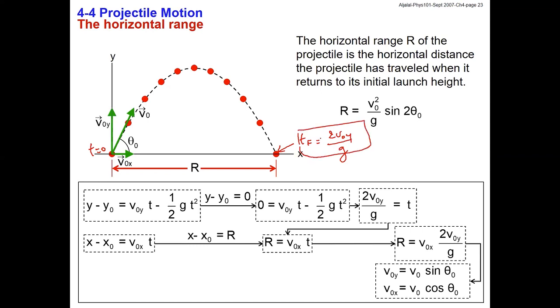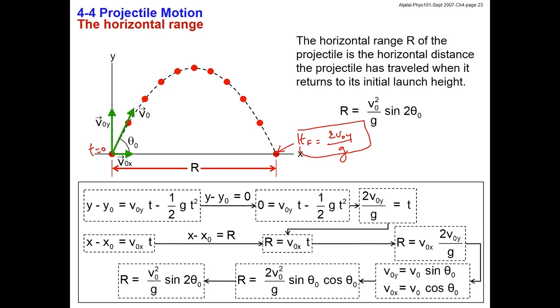And then this is what I did here, and I showed you how I get it. And then I get the range, and then I gave you the formula for the range.